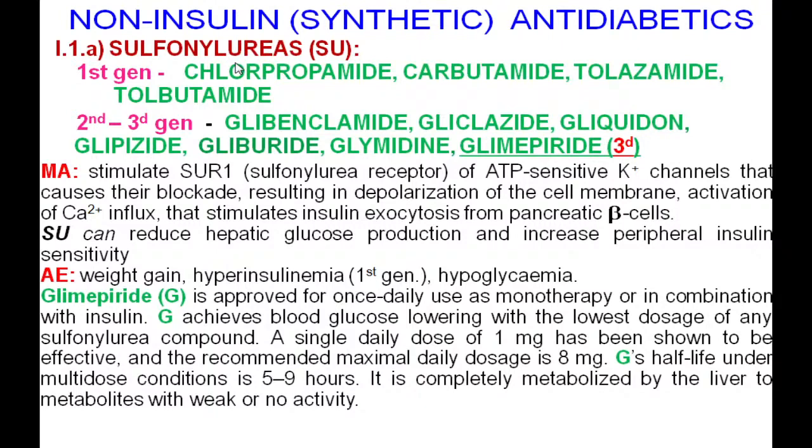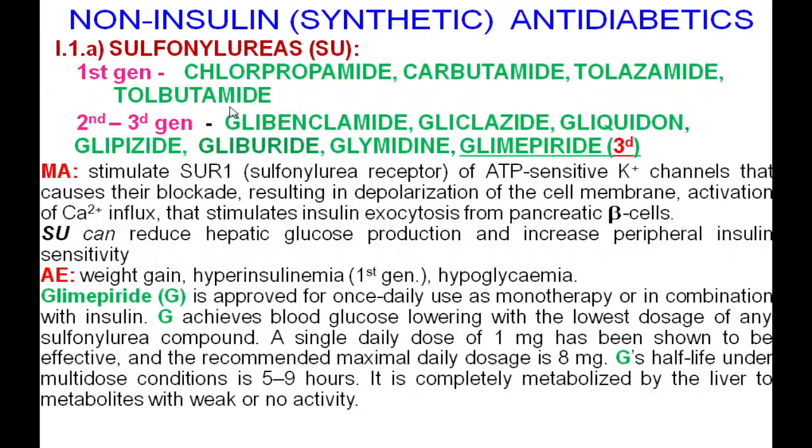Sulfonylureas means chemical structure, derivatives of sulfonylurea. Nowadays, we distinguish preparations of the first generation, which are old, and later preparations, second, third generation. First generation includes chlorpropamide, carbutamide, tolazamide, tolbutamide. Nowadays, they are used very rarely.